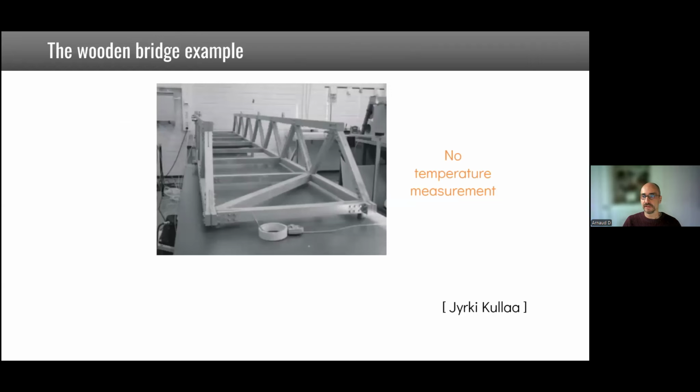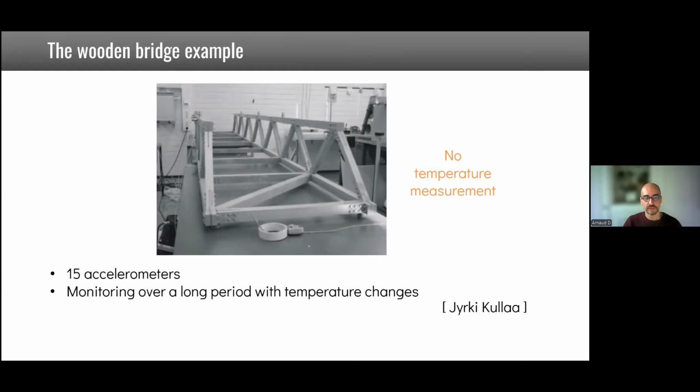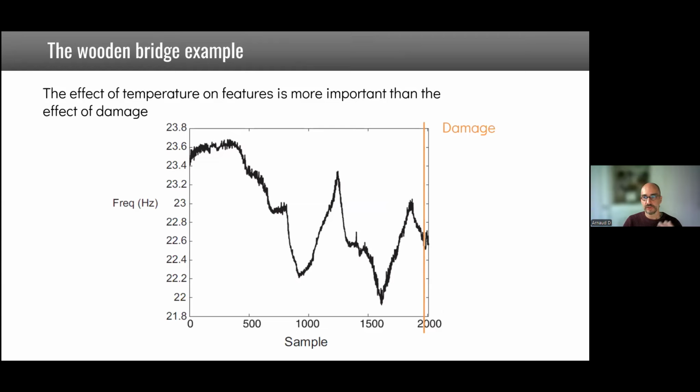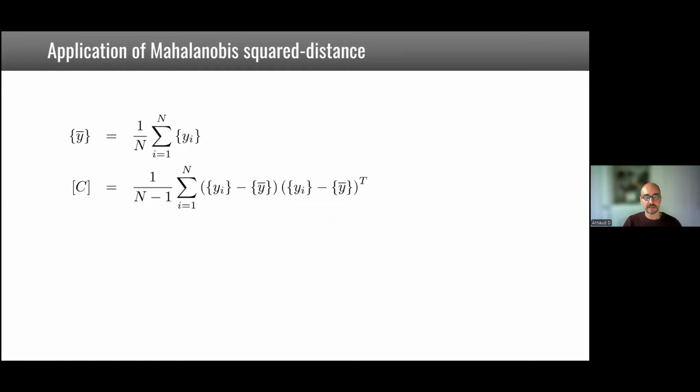And to prove to you that they are all the same, I will show you, not in detail, what the results are on the wooden bridge. So I already presented it to you. In this wooden bridge, I remind you that we are completely blind to damage here. And then we have a feature vector of size 261. Why 261?